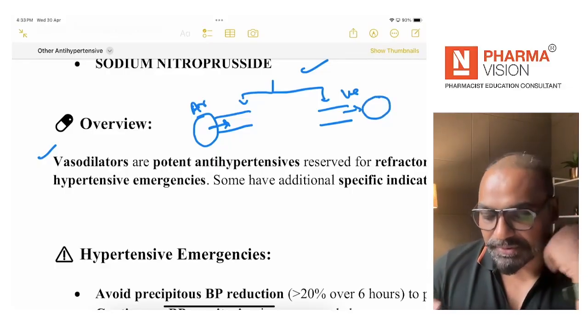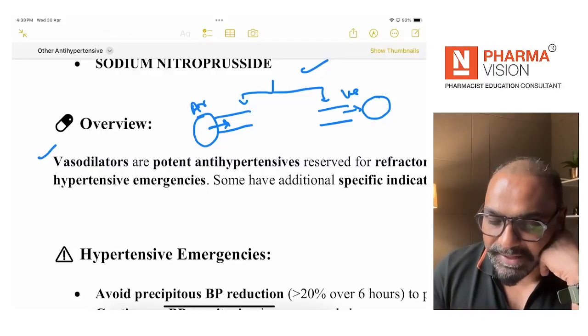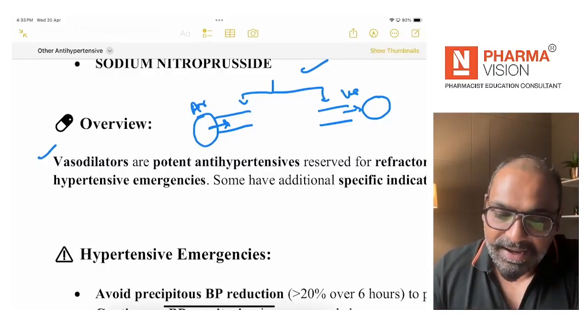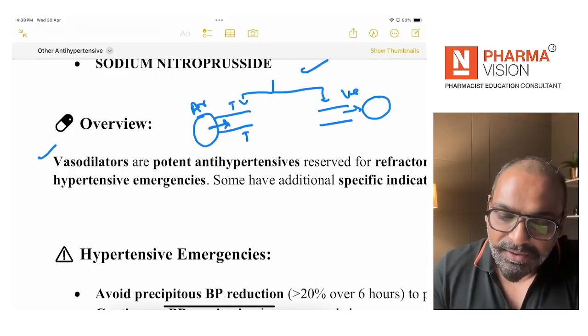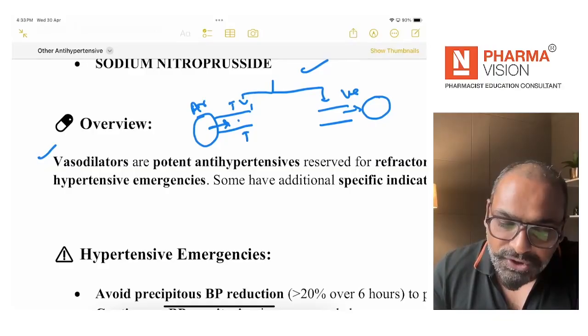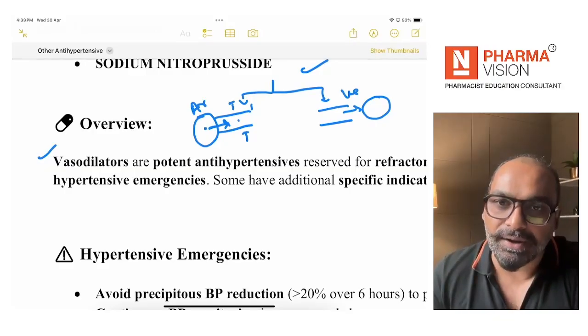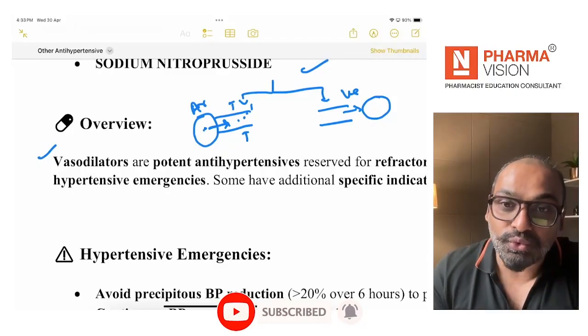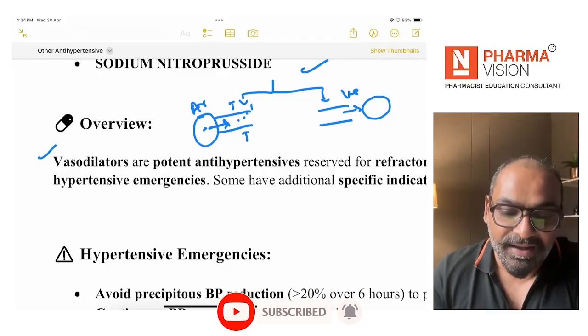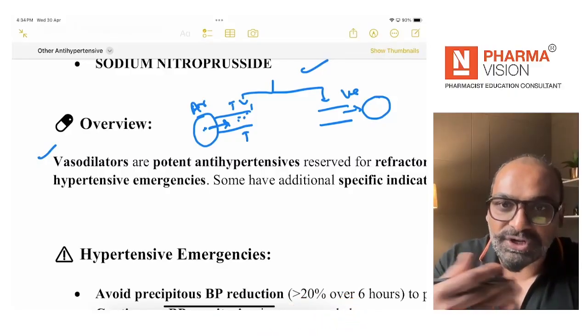For example, if we dilate the arteries, artery dilation reduces the pressure on your heart. That means this dilation of arteries may lead to reflex tachycardia.